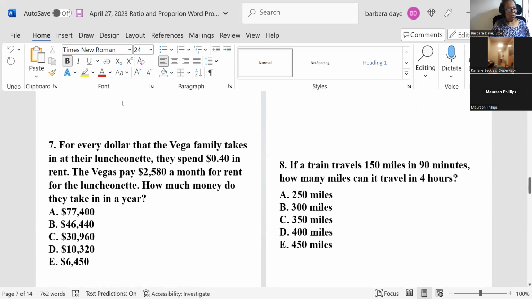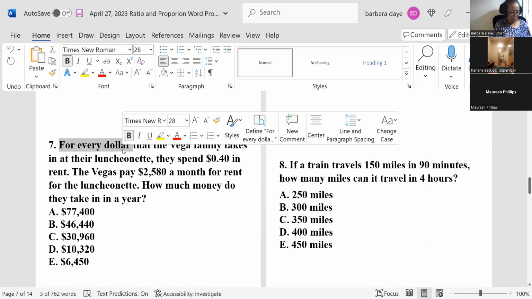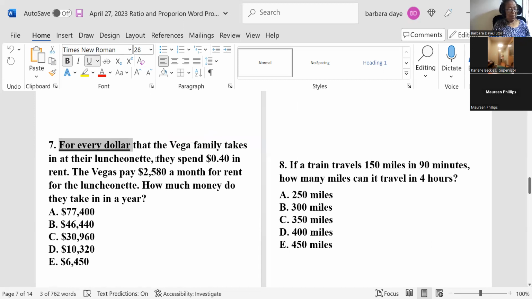Okay, Maureen, I want you to solve this and tell me the answer. Number 7. For every dollar that the family takes in, they spend 40 cents in rent.